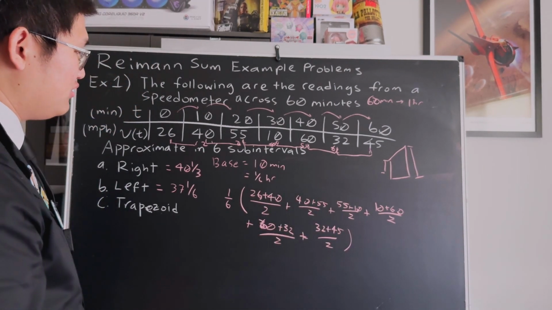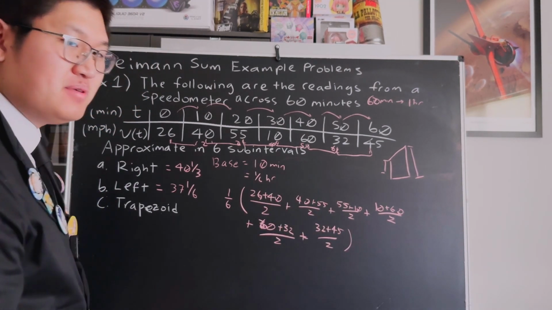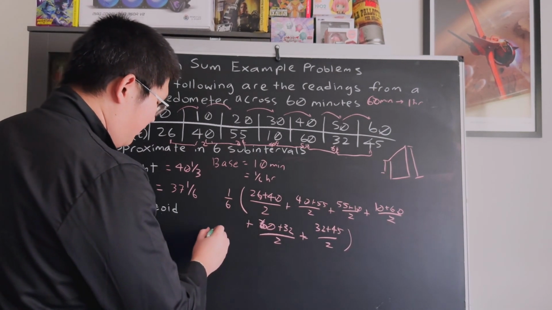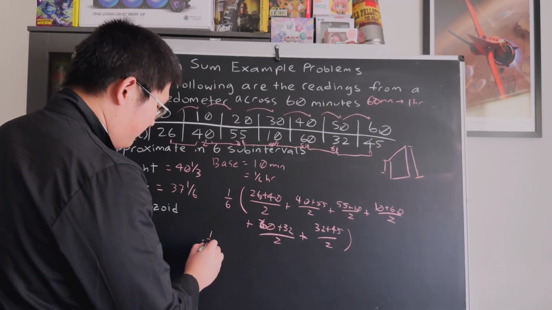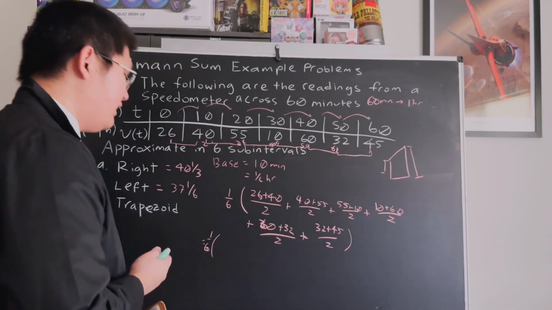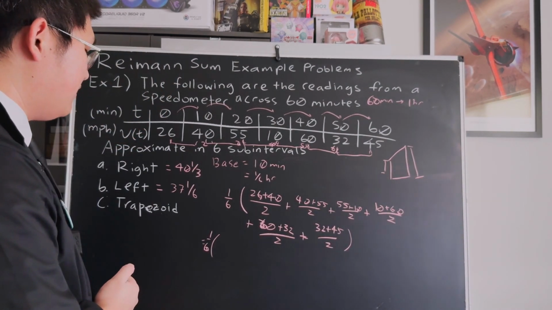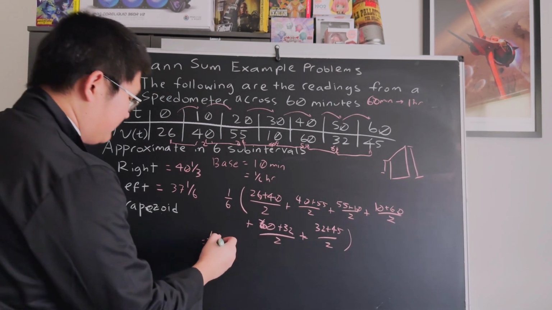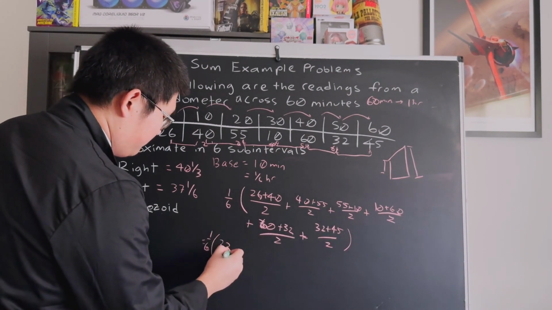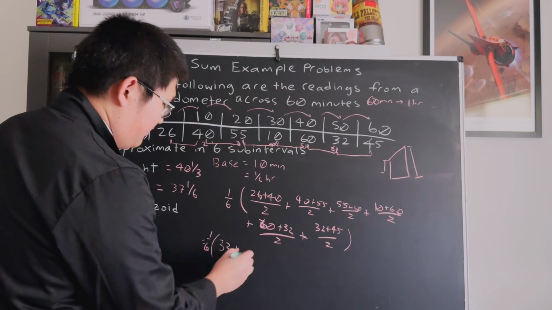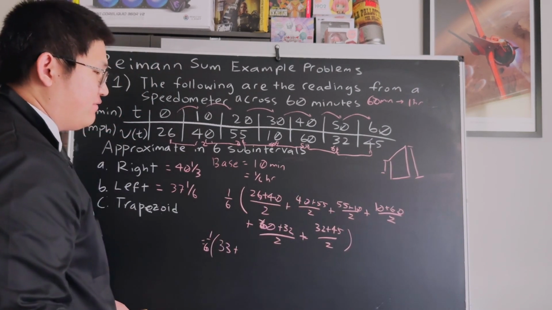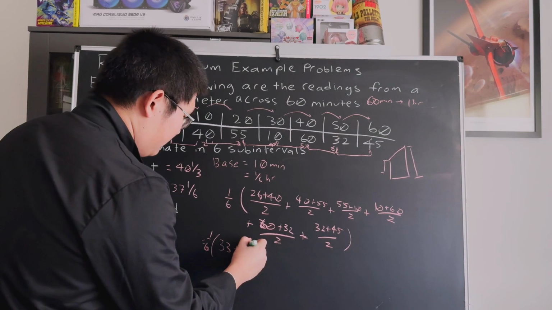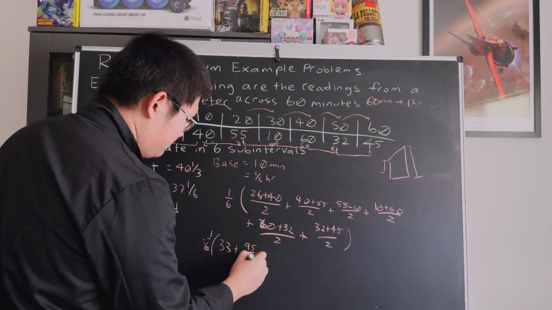And so now we will just need to add them up and get to a reasonable answer. So with this, we can go across, keeping that 1/6 as a coefficient. And then getting to the first one, 26 plus 40 makes 66, all over 2 makes 33 whole, which is pretty nice. Then we will get the 40 and 55, which we might have to keep off to the side for now, which is going to be 95 over 2.